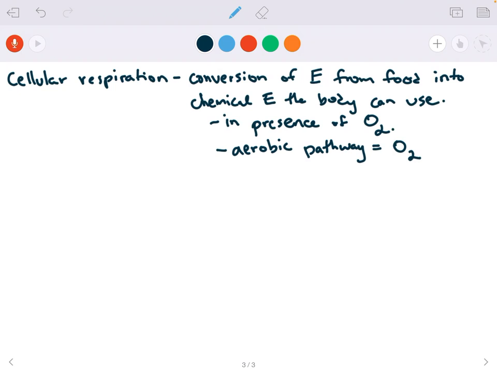Right? You're working so hard that a lot of your muscles need to create energy in an anaerobic way because they can't get oxygen quick enough. That would be anaerobic. But cellular respiration as a whole is aerobic. It requires oxygen. If you don't have oxygen, you suffocate and you die.